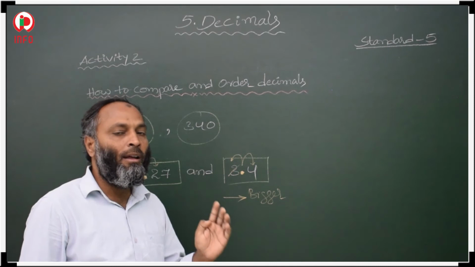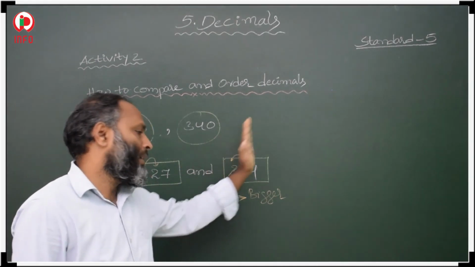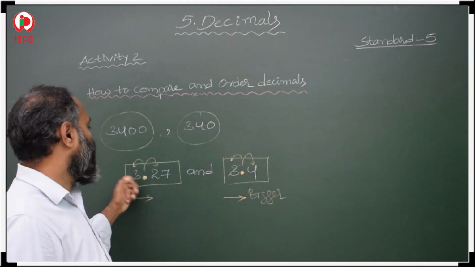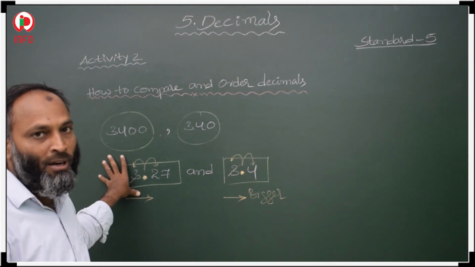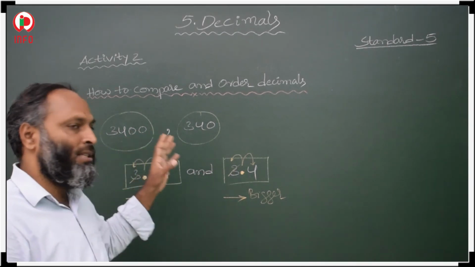In this order we have to check which number is bigger and which is smaller, one by one from left to right. Before the decimal, how many digits are there? First we have to check. If the number of digits is more, that is the bigger. If the number of digits is less, that is the smaller.